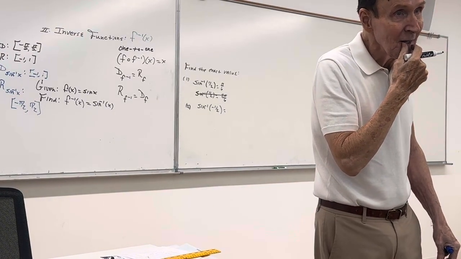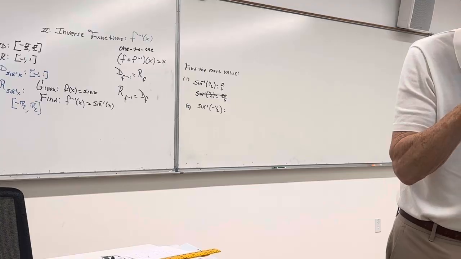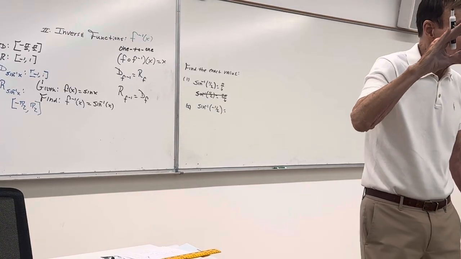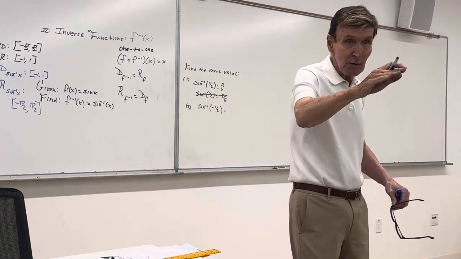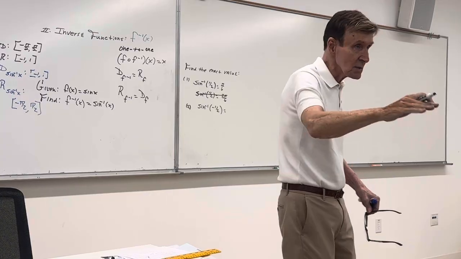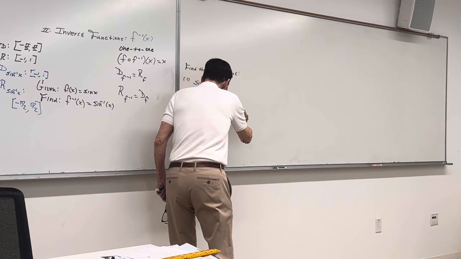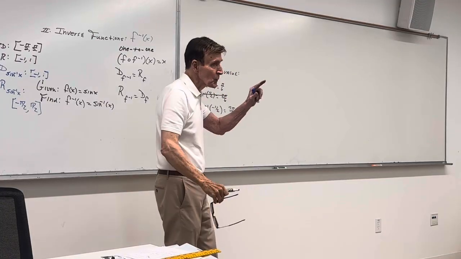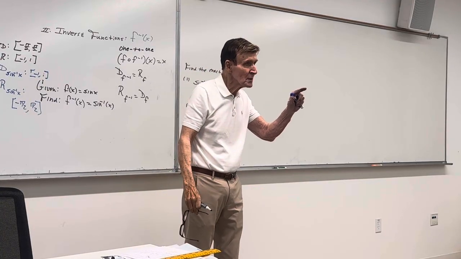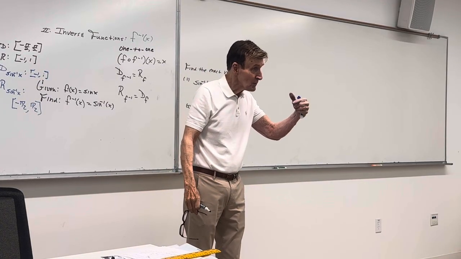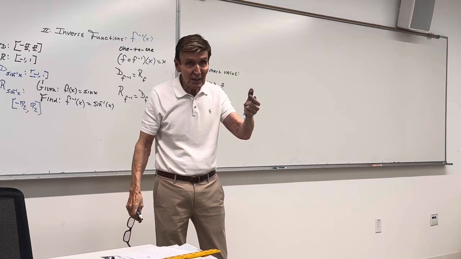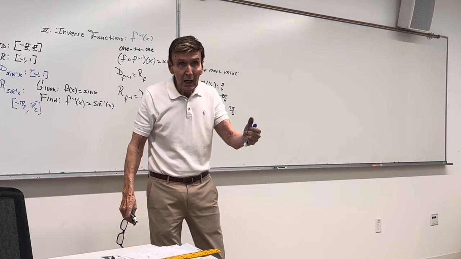4 pi over... Tell me again. 4 pi. Oh, no, not 4 pi over 3, that's getting worse. 7 pi over 6. Oh, 7 pi over 6. Hang on. From the unit circle, let me convert that real quick. That's 210 degrees. So if you check out 7 pi over 6, 210 degrees, I think that's in quadrant 3.